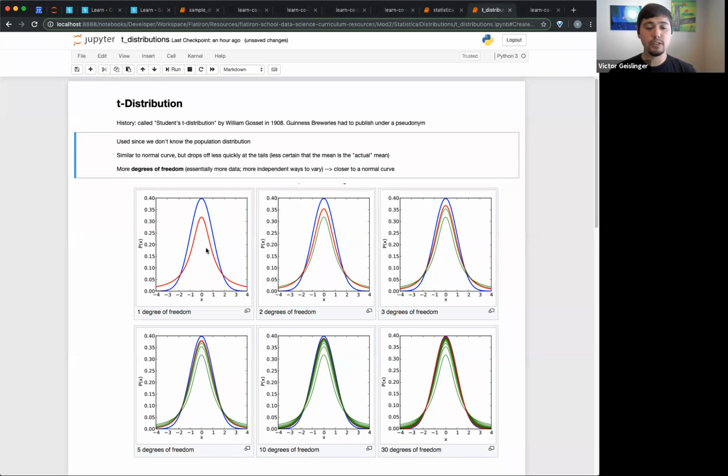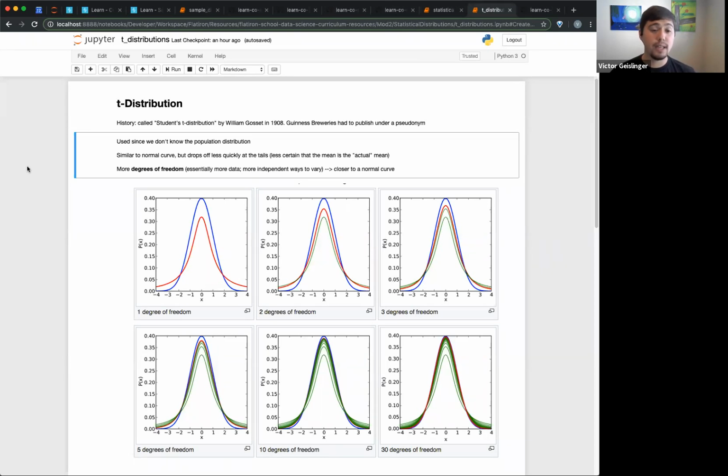So you can see there's a nice normal curve in blue, and the red one is our t-distribution. And we have something in the t-distribution called the degrees of freedom. It's a little subtle exactly why we call it degrees of freedom, but basically it's the different ways the data can vary. The more independent ways it can vary, the more degrees of freedom. Usually that comes down to how many you have in the sample.